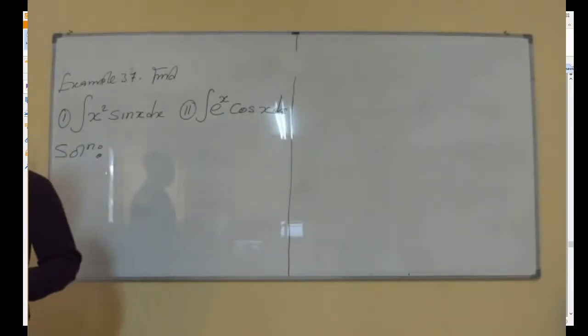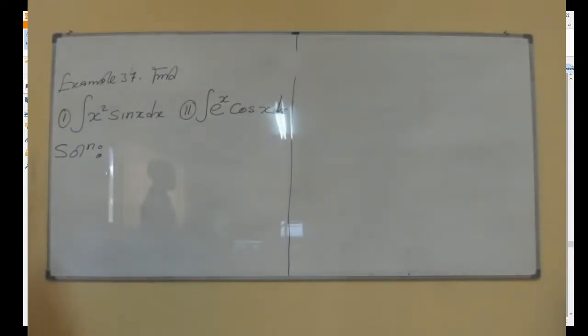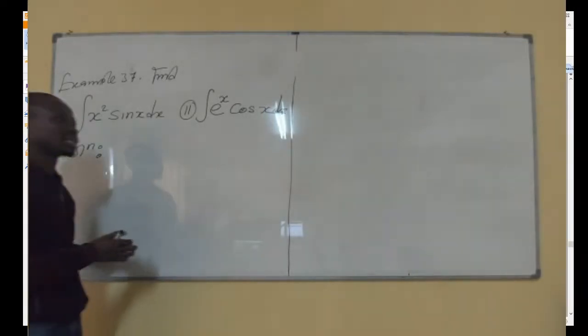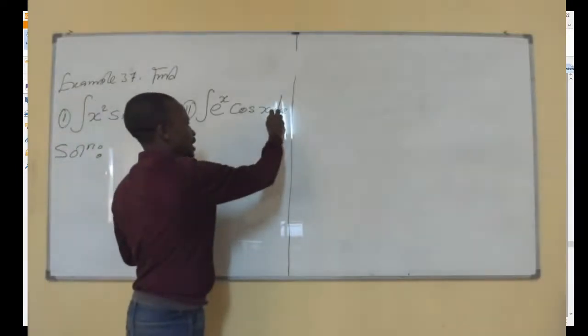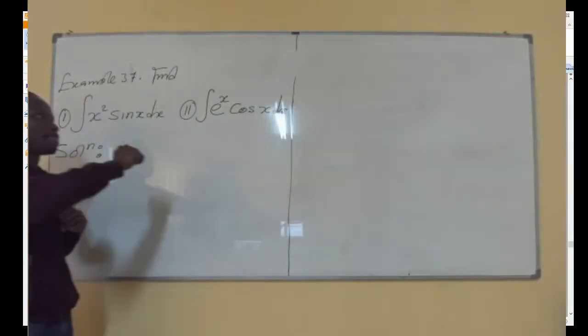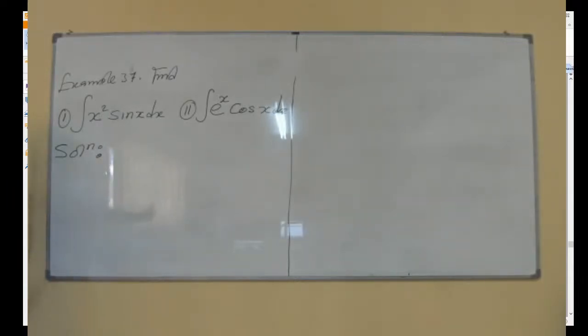Like I mentioned, there are situations whereby you have to apply integration by parts more than once. So in that situation, what kind of questions do we have that we are forced to apply integration by parts? And remember, when we just started, I mentioned that you can only apply integration by parts when you have exhausted all the other methods.